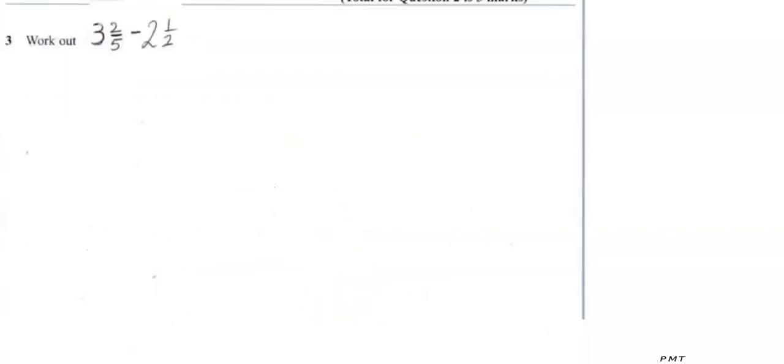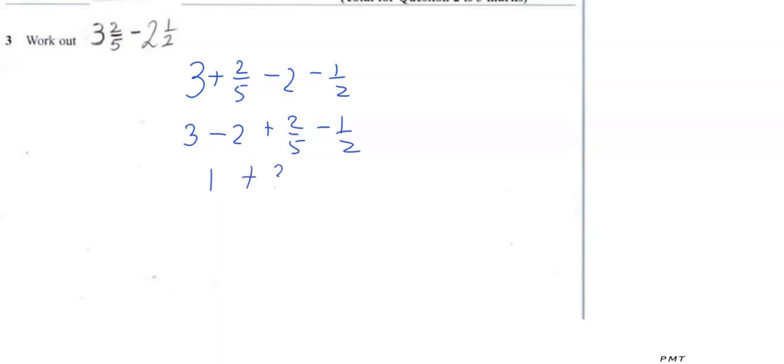Now in this question here, we have to subtract some mixed fractions. So that is 3 plus 2/5 minus 2 minus a half, which is 3 minus 2 plus 2/5 minus a half, which is 1 plus 2/5 minus a half, which is 1 minus a half plus 2/5, which is 1/2 plus 2/5.